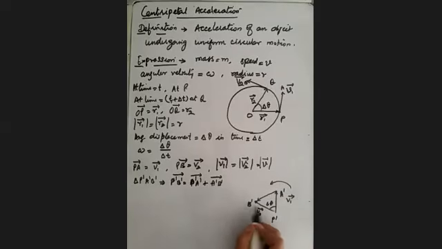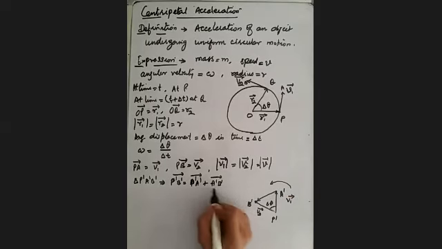So from this we can get the A dash B dash vector.